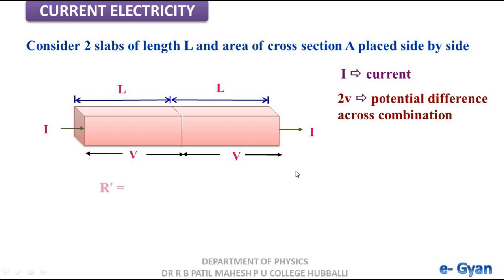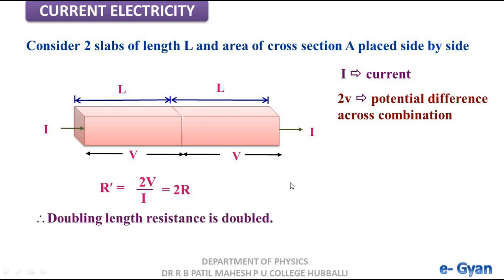Again, by using Ohm's law, R dash is equal to 2 times V divided by I, that is equal to 2 times R. By this we can conclude that on doubling the length of the conductor, resistance is doubled. Increasing the length 2 times, resistance also increases 2 times.